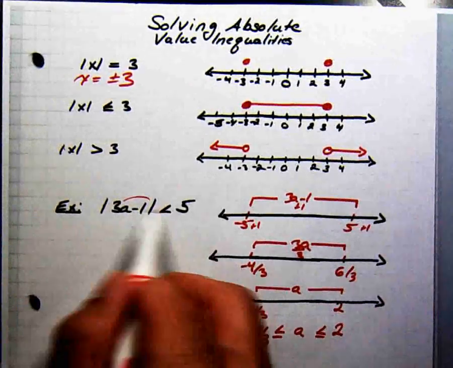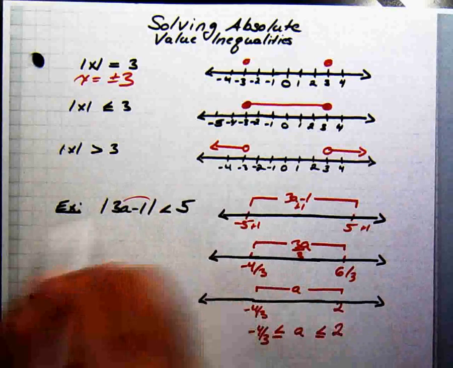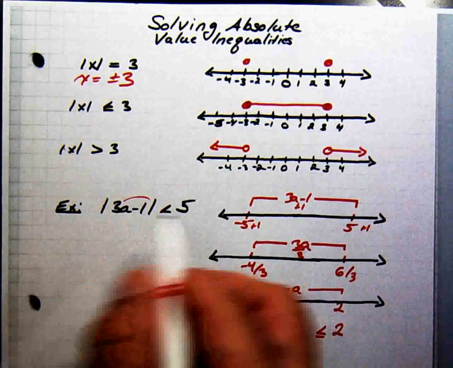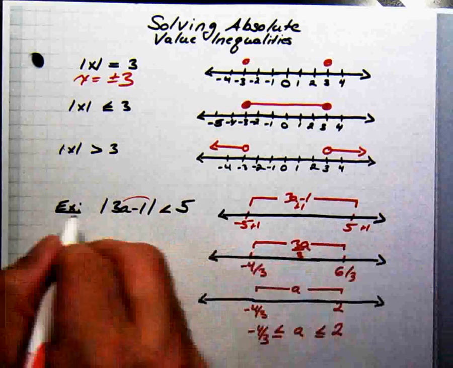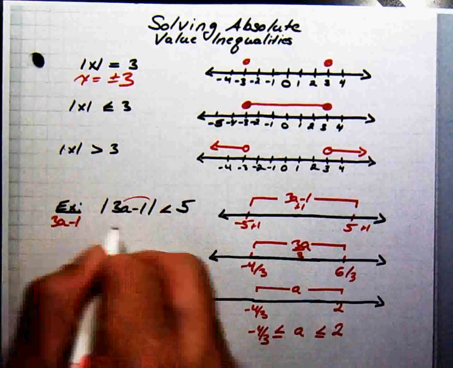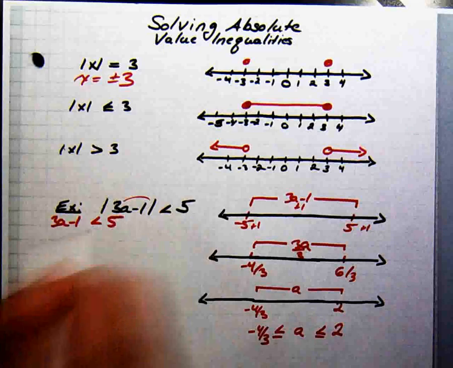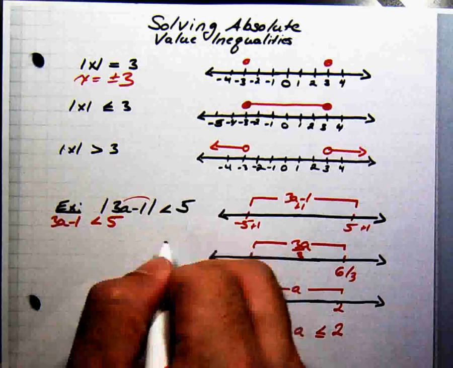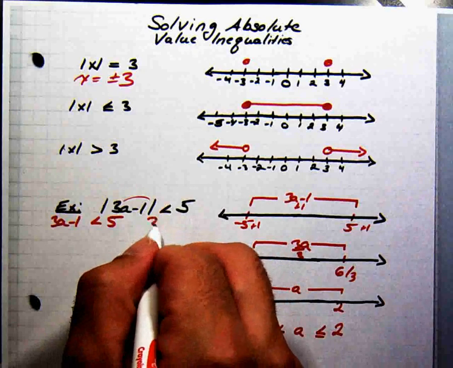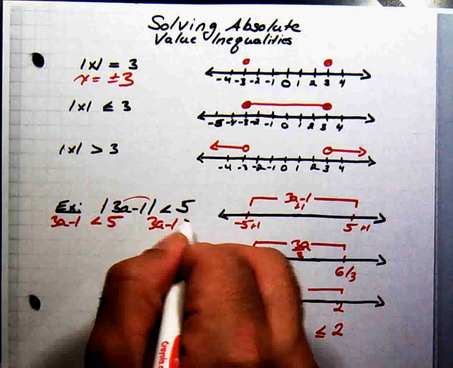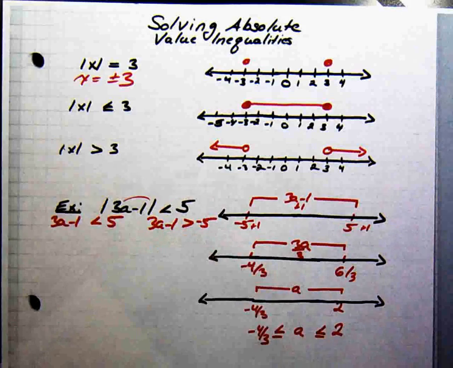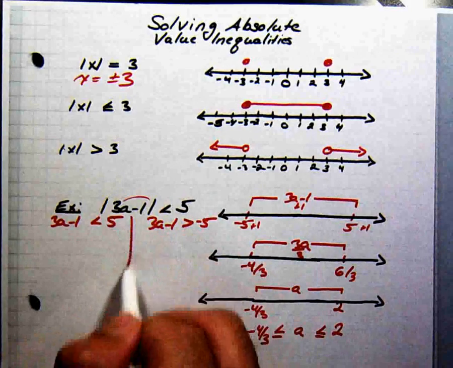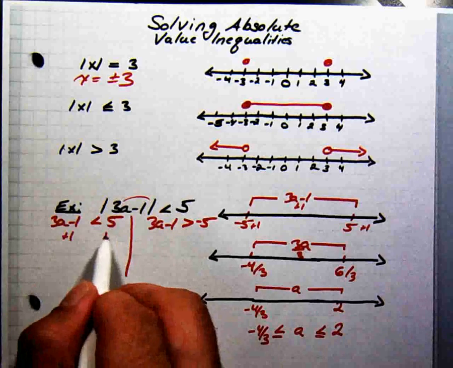Now let's take a look at the actual inequality and solve it algebraically. We're going to write this as two separate inequalities, and we're going to remove the absolute value bars. We're going to use the right hand side and just rewrite it as 3a minus 1 is less than 5. And now we're going to switch the inequality symbol and switch the sign of the number, and we're going to have 3a minus 1 is greater than negative 5. We're going to solve them each separately. Add 1 to both sides.